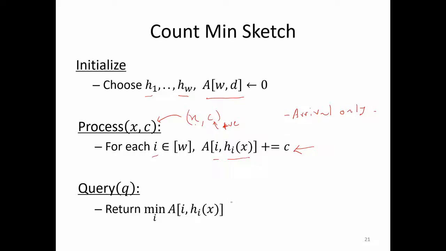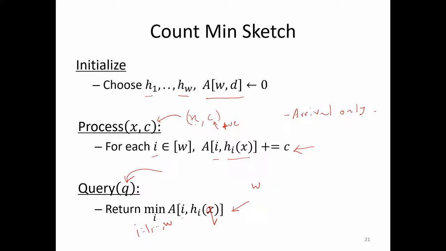Now at query time, you return the minimum over all I. At query time, you just have an item Q. For each I belonging to 1 to W, you look at the entry stored in A of I and Hi of Q. So you see W many entries, one corresponding to each row.